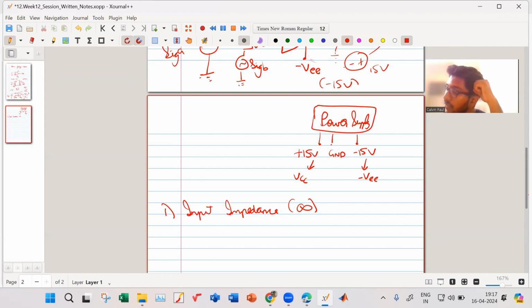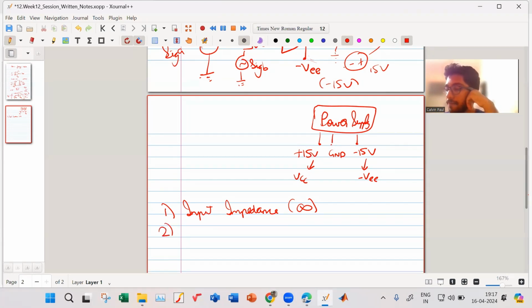Okay. So why is it there? Is it good or bad? Current flowing inside the op-amp is zero. That's why input impedance is infinite. Okay. That is one reason. So input impedance is infinite.